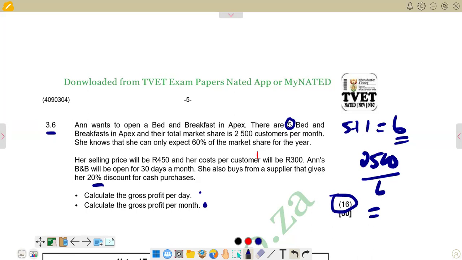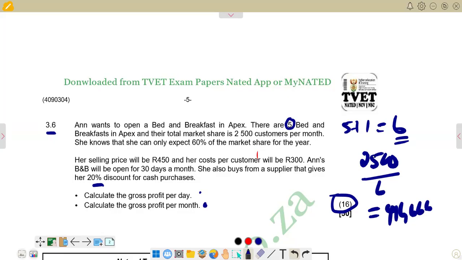monthly figure per BNB. If we divide 2,500 by 6, we are going to get 416.666. Let's leave it like that.